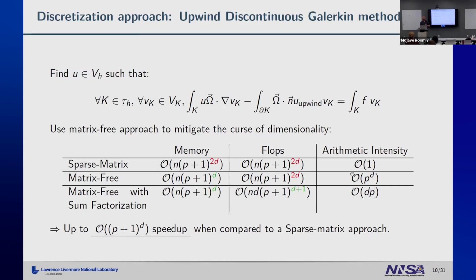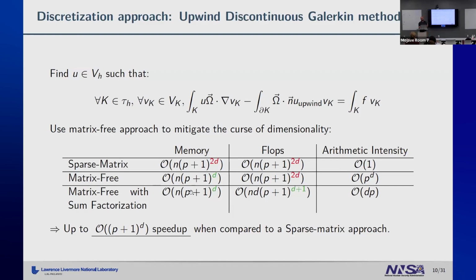One of the problems is that without factorization you also get a (p+1)^d arithmetic intensity. So for either high dimension or high polynomial order, you go from a memory-bound regime to a computation-bound regime, which is something we typically don't want. It will impact your performance a lot, and you could run slower than a sparse matrix.